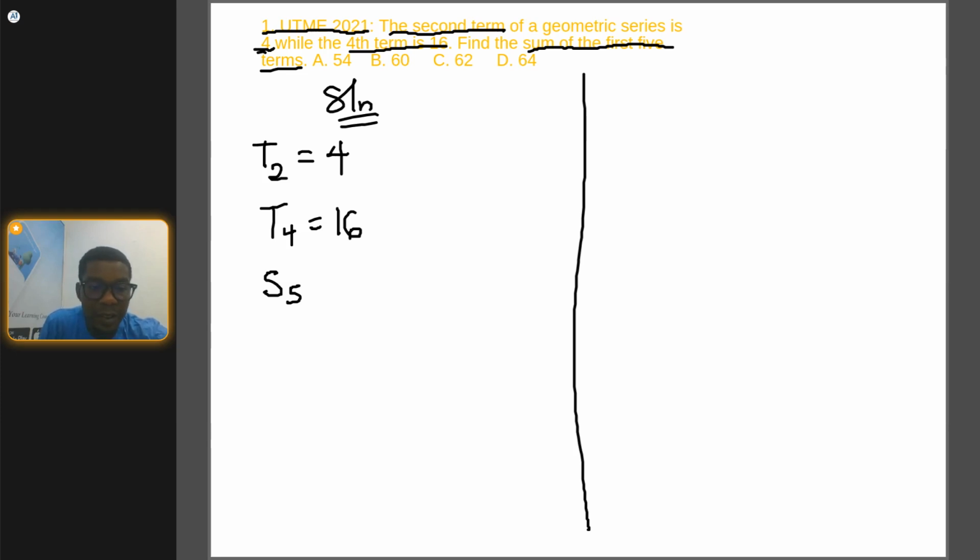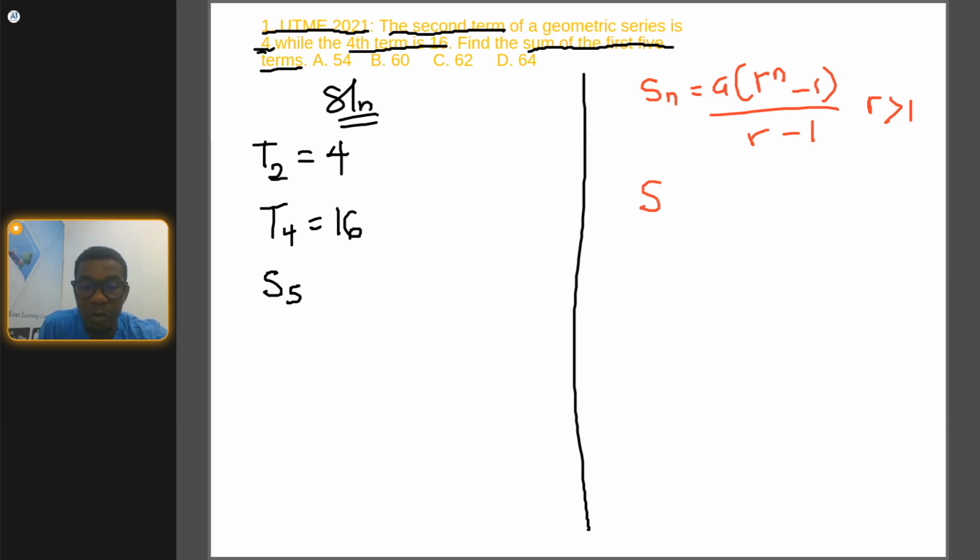Generally, for the formula for sum we have two of it, like we discussed in the previous video. We have Xn equals a(r^n - 1)/(r - 1). We use this formula when your r is greater than 1.